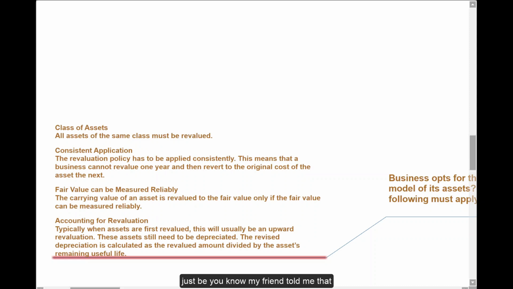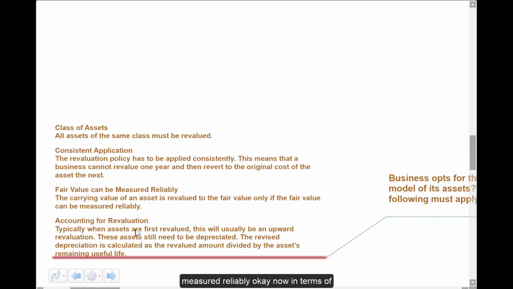It cannot just be, my friend told me that the building was worth 20 million. You've got to involve, for example, professional valuers or professional estimates of some kind. Okay, the carrying amount is revalued to the fair value only if the fair value can be measured reliably.